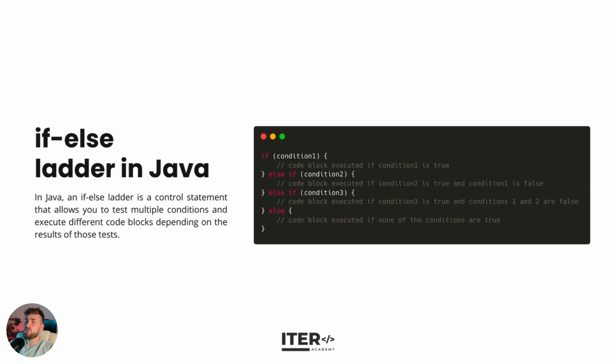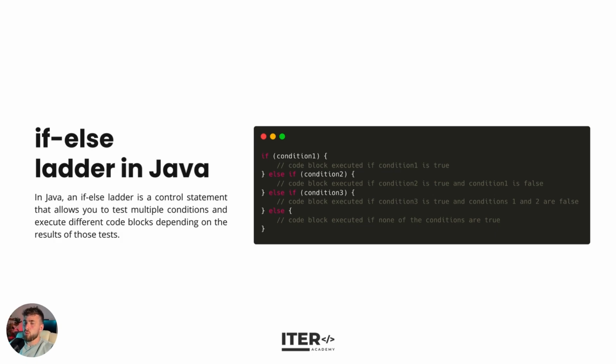If the condition is false, the program moves on to the next if-else statement, if there is one, and checks its condition. If that condition is true, the code block inside the second set of curly braces is executed. This process continues until either one of the conditions is true or the last else block is executed.